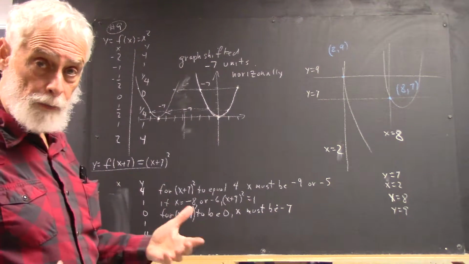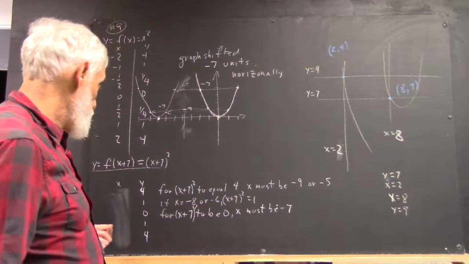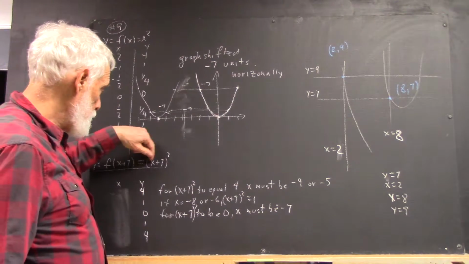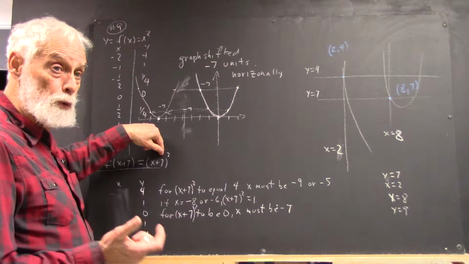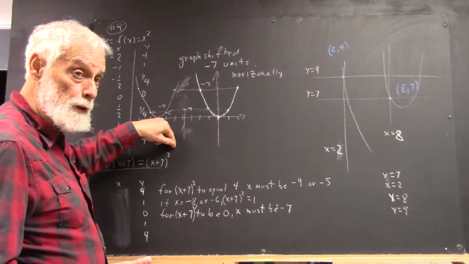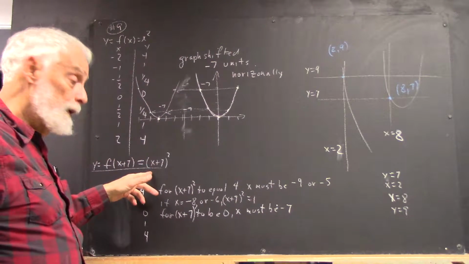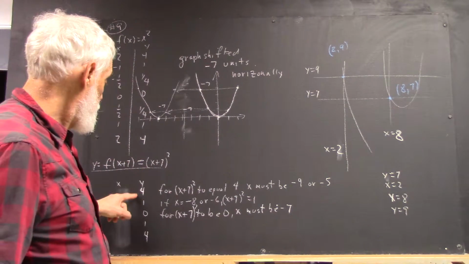If x was equal to -5, then -5 plus 7 would be 2, and when you square that, you get 4. So -5 would be a possible value of x that would give you 4.